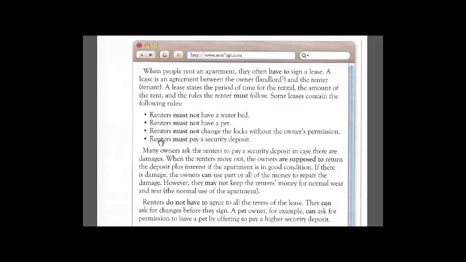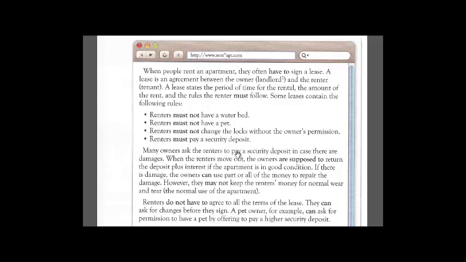Alright. Renters must pay a security deposit. Basically, you pay some extra money in case you cause some damage to the apartment. So that means the owner is securing that if there is some damage, the money will be provided. Okay.